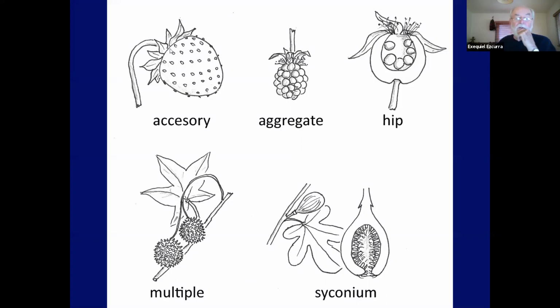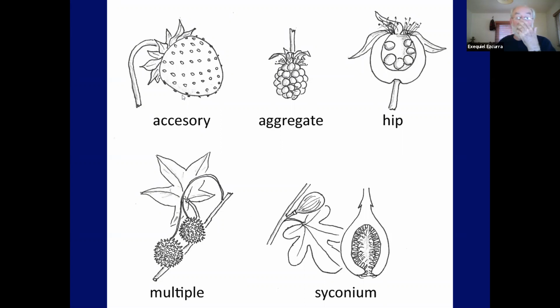An accessory fruit is basically fruits like the strawberry, where it is not the ovary actually that develops the fruit, but the receptacle inside, the central column of the receptacle, that becomes fleshy. Strictly speaking, the developed ovaries are these little achenes that you can see on the side of the strawberry.